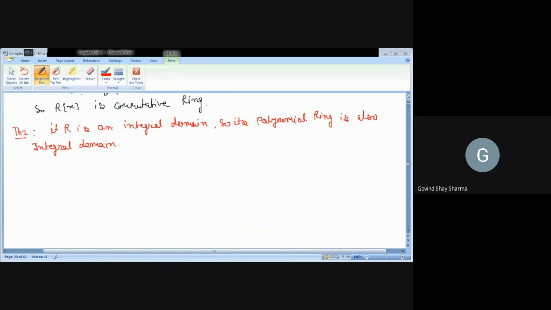So if R is an integral domain, there are no two nonzero elements whose product will be 0.